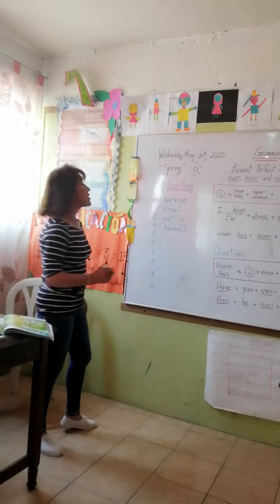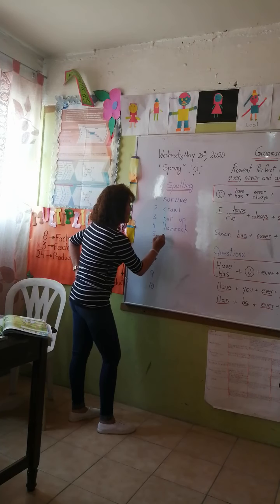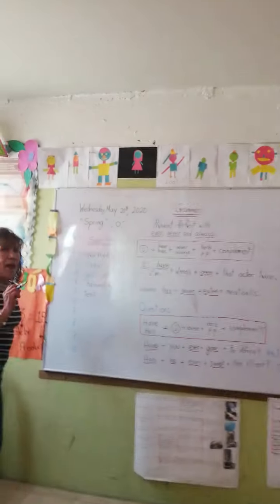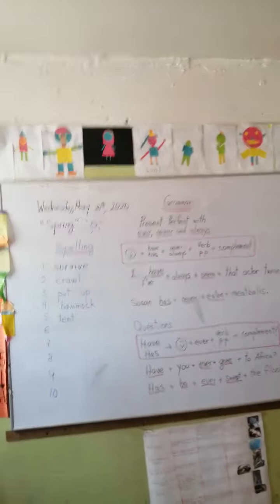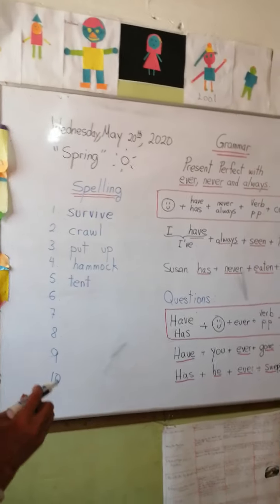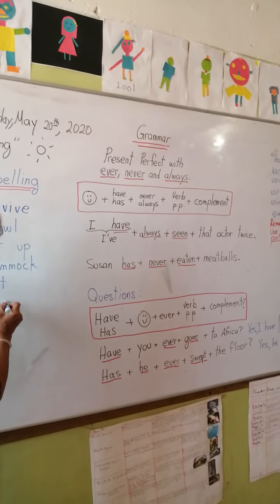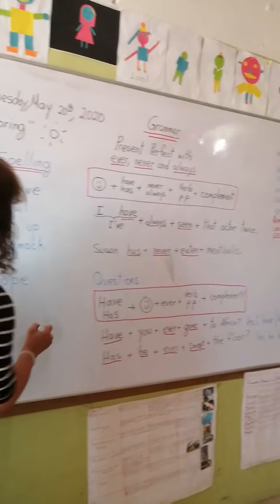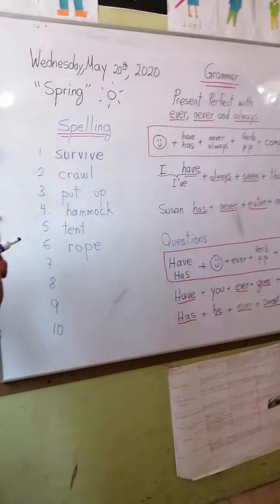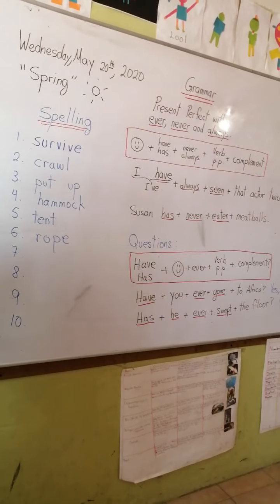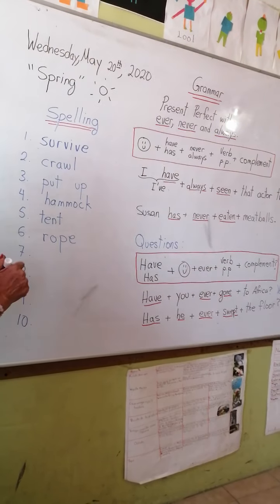Let's continue with tent. Let's spell tent, please. T-E-N-T, tent. Perfect, kids. Let's continue with another word that is rope. R-O-P-E, rope. Now, we're going to continue with swing. Do you remember swing?